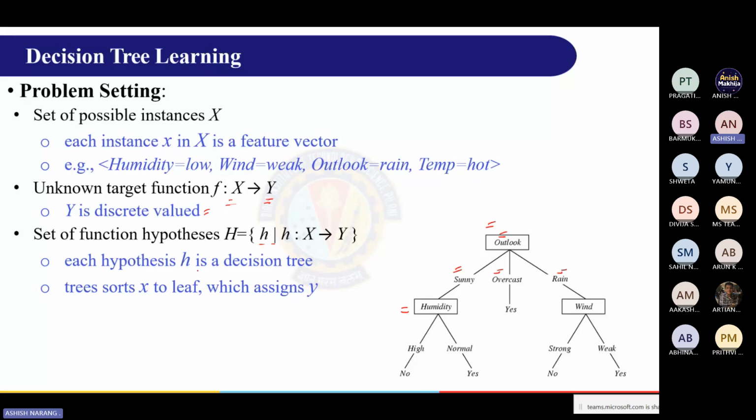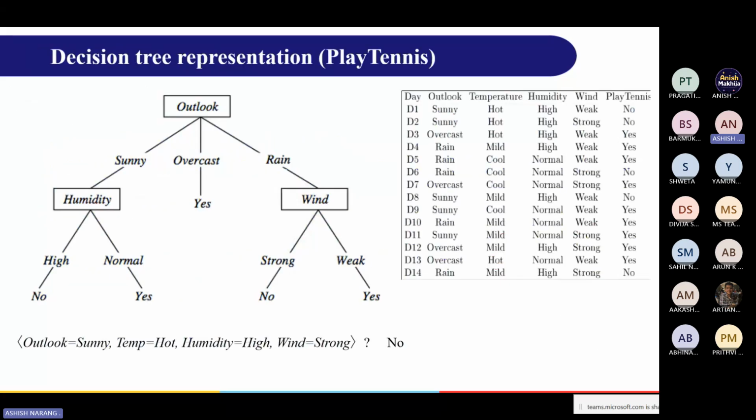Now let us understand how this decision tree works, and then these things will be more clear. Look at this. This is the data set given to me. My intention is whether I'll go to play tennis or not, and it depends on these four input features.